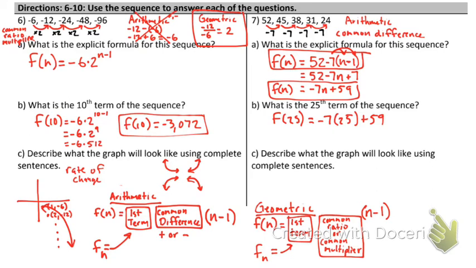Now we're going to go -7 times 25, we get -175 plus 59, and our 25th term in our sequence is -116.